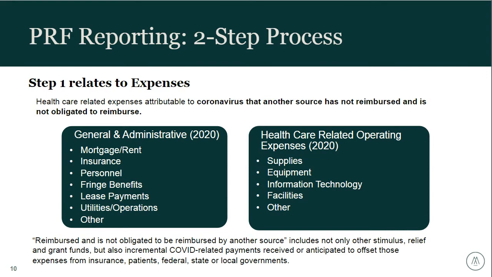So that gets back to the duplication, but it also indicates that if it's something that ultimately the patient is responsible to pay for, or some other grant or award pays for, it's not something you would include as part of your PRF award. And I think there's definitely a lot of room for interpretation in here, and it's definitely good to consult with someone about looking at our expenses. How do they fit into these categories?